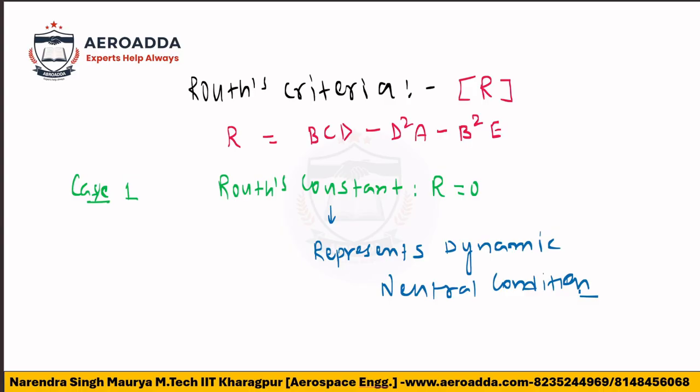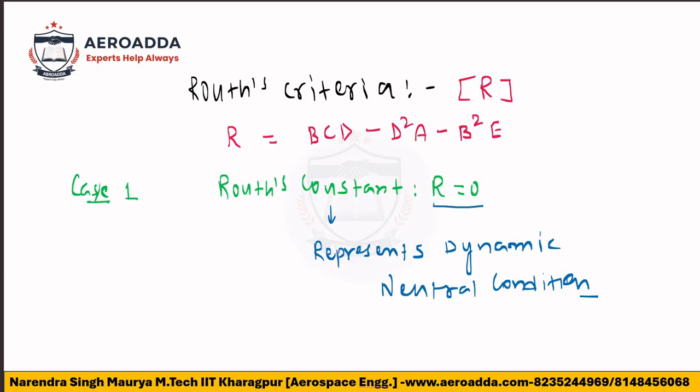From the characteristic equation, the constants A B C D E will be given to you. Just compare and find out A B C D, and from there calculate the Routh's constant. If Routh constant capital R is equal to 0, then you will say yes, it is dynamic neutral stability. I hope you understood my point.